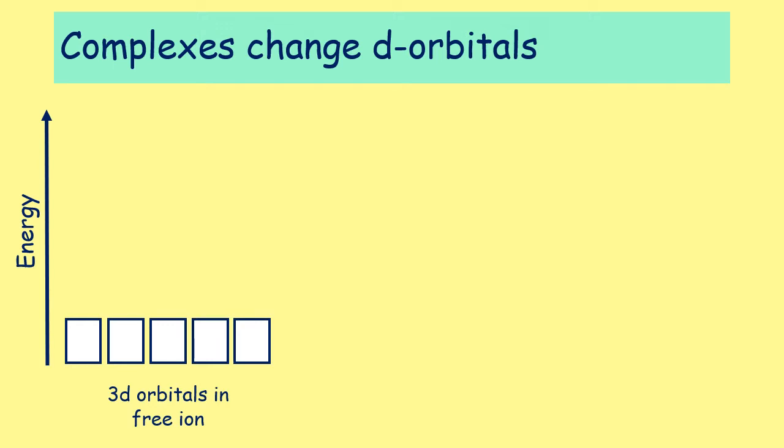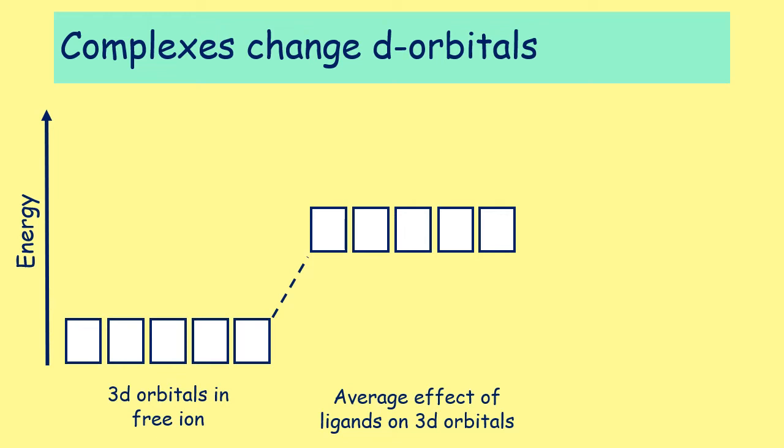As soon as you bring ligands around a transition metal complex, you are bringing electrons around an atom, which is not energetically favourable. So as soon as you form a complex, you actually cause the energy level of all the orbitals to increase slightly. But it's not even.